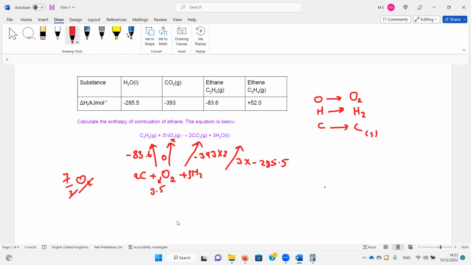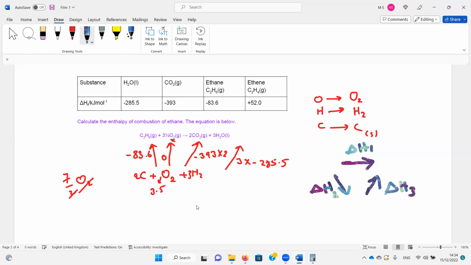So how can we proceed to solve this problem mathematically? Mathematically, this is how you do it. Here you have your main equation that you are doing the calculation for, and you'll follow this direction, this and this. Fine. So let's say this is delta H1, this is delta H2, and this is delta H3.